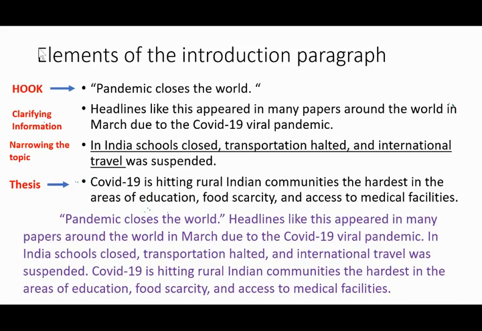Okay, so I've taken the webcam off just so that you can see this whole paragraph. We talked about our three areas: education, food scarcity, access to medical facilities. Again, we're going to talk about those more in the body paragraphs. So let's look at our paragraph as a whole. I've written it out just like you would if you were writing your essay. If you're typing an essay, even writing an essay, each paragraph starts with an indented line.